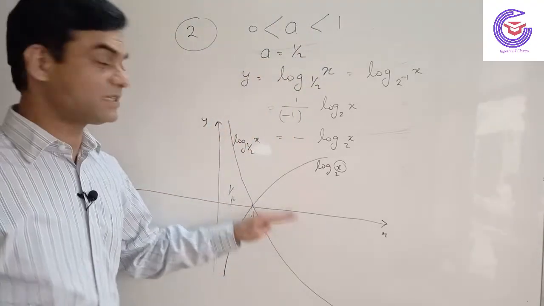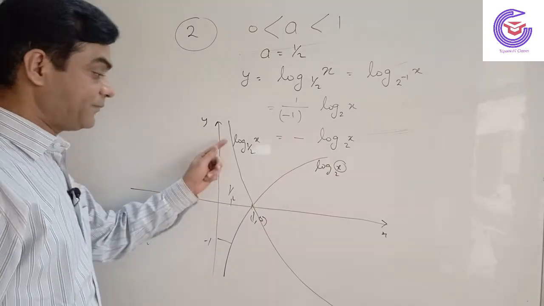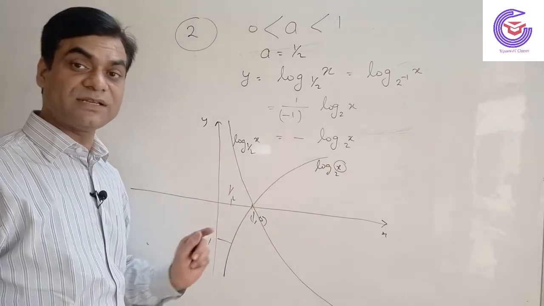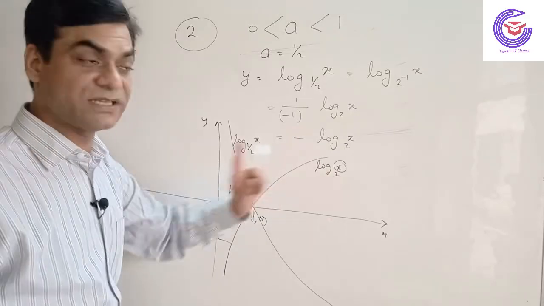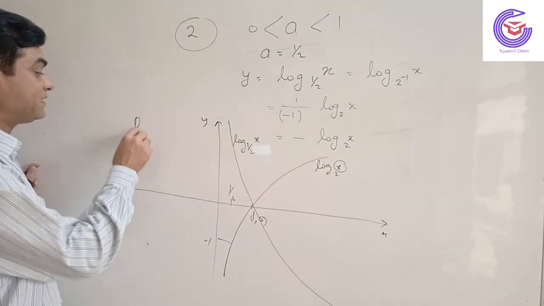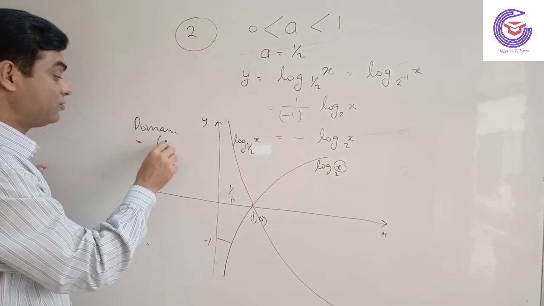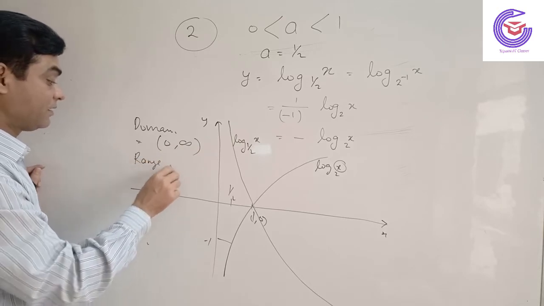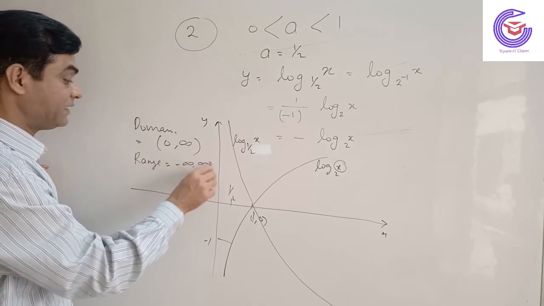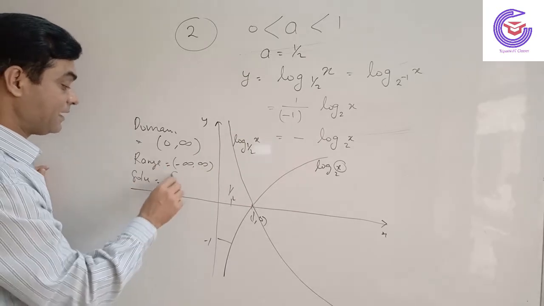Basically, this is just a mirror image of the previous case. The domain, range and solution set are exactly the same as for log x base 2. The domain is again 0 to infinity, the range is minus infinity to infinity, and the solution set is again 1.